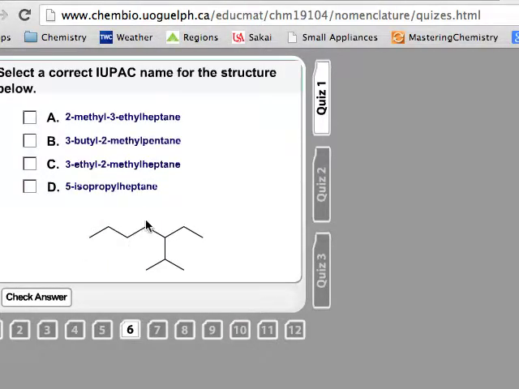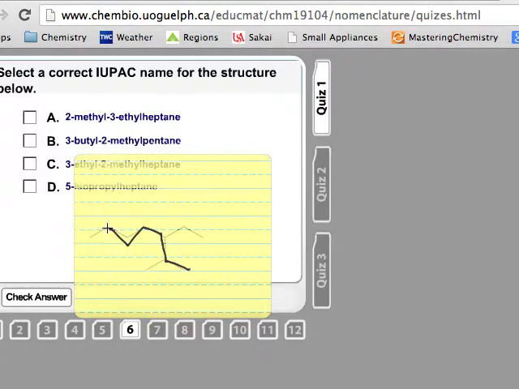Either way, there's a rule in organic chemistry that says it would be best if I didn't call this 5-isopropyl heptane. That is an option, but it wouldn't be it, because a better way to number it would be from this end. So it's moved away. So if you have a choice, longest chain.